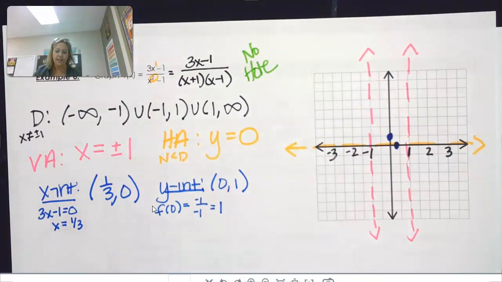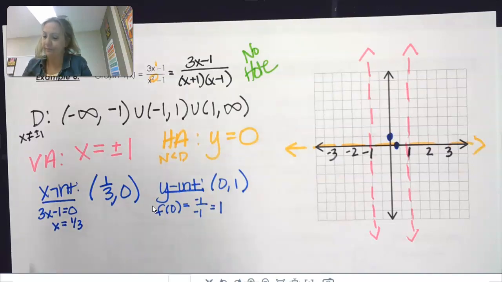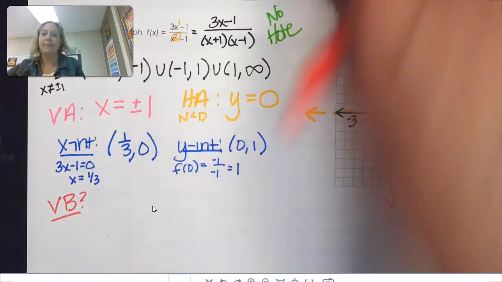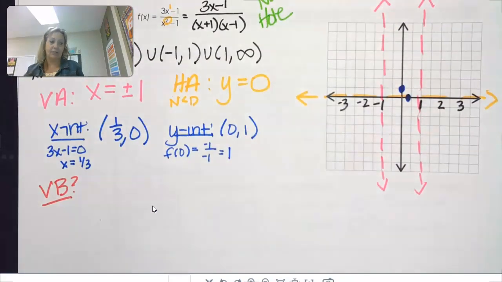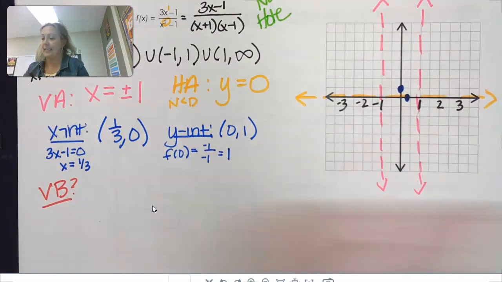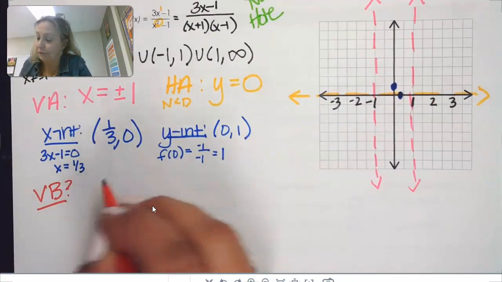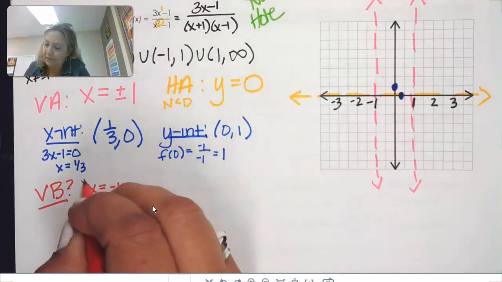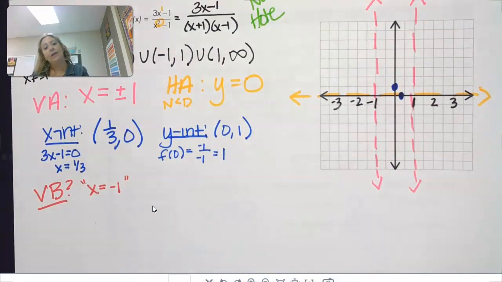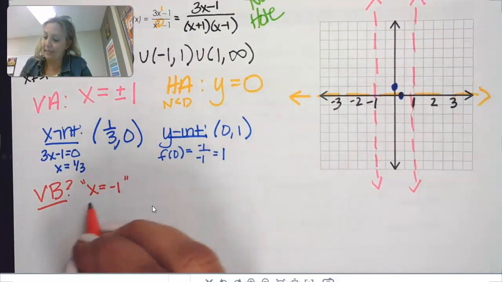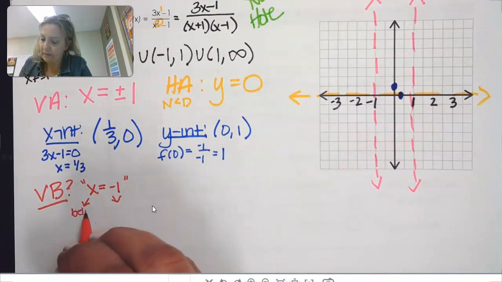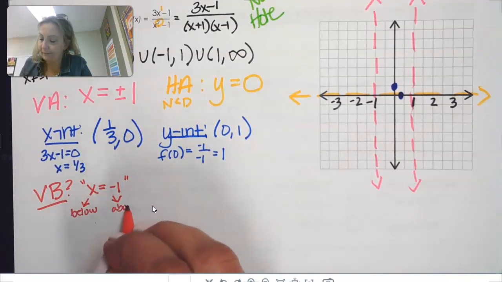So sometimes, to double check the vertical behavior, it's nice to substitute values around the asymptote. The first one is x equals negative 1, here's one of our asymptotes. We want to look at what's happening below that and above that.